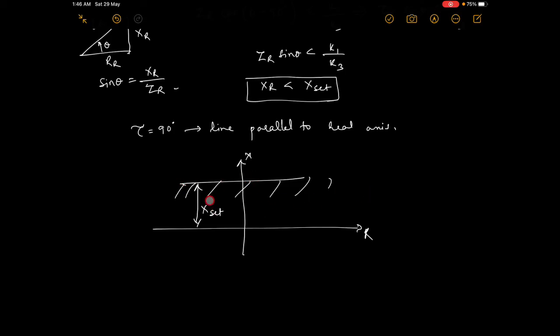So that line is this, and below this it will operate. This region it will operate, this region also, and here also it will operate. Above this line it does not operate; this is the restraint region.